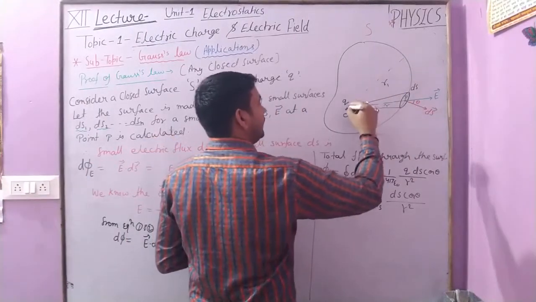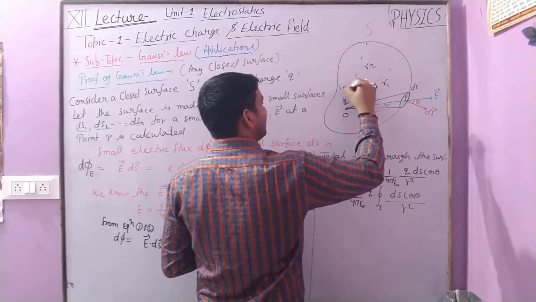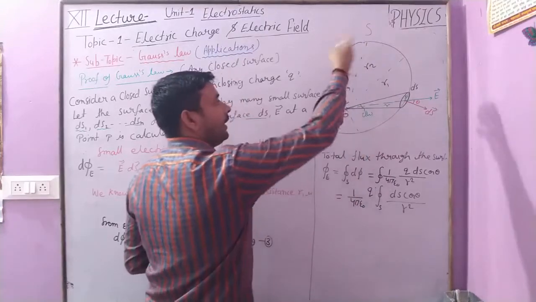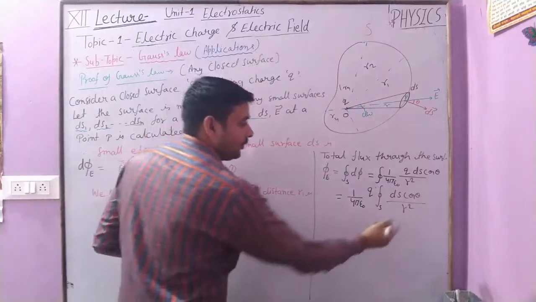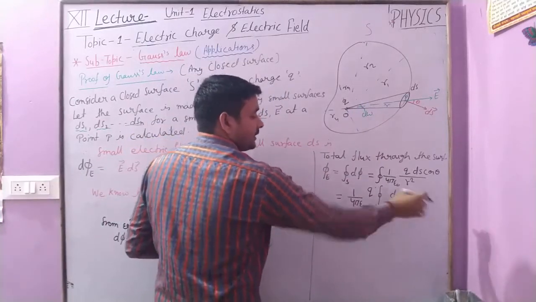Let's say it is r1, at this point it is r2, at this point it is r3, at this point it is r4, and similarly at different points the radius should be different. So the radius is not constant.